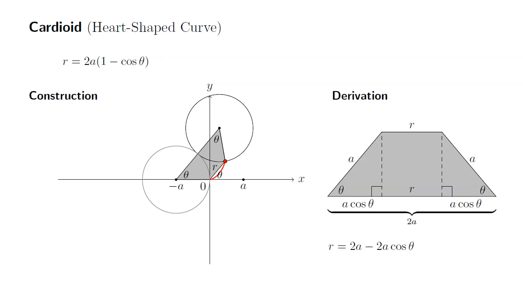So r is going to be 2A minus 2A cosine of theta. Then by factoring out the 2A, we have 2A times the quantity 1 minus cosine of theta, which is the polar equation we were looking for.